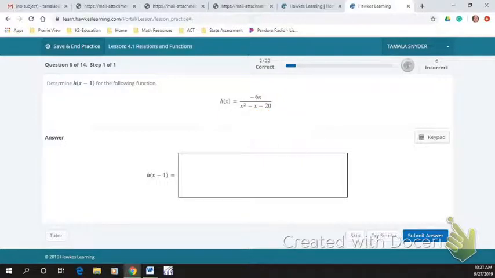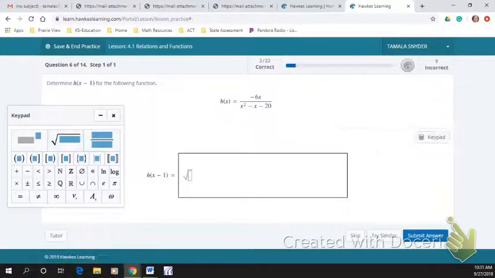Okay? All right, so I first of all need a fraction, right? Not a square root. A fraction. And in my numerator, I need a negative 6, parentheses, x minus 1? Oh, I forgot to hit the shift key. x minus 1, close parentheses. Yeah, it does it for you, right.